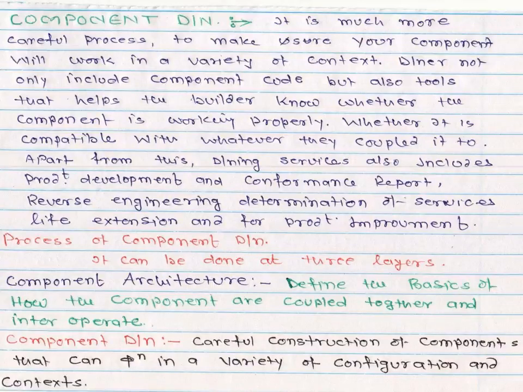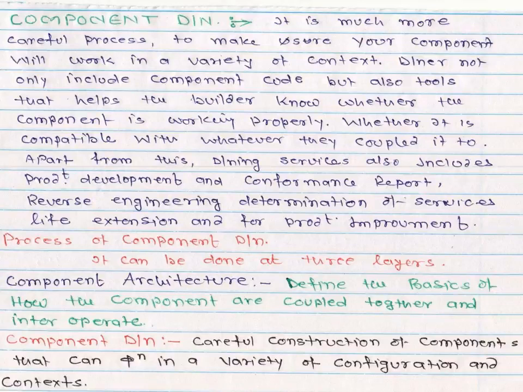The process of component design can be done at three layers. The first is the component architecture. Before going to the detailed designs, first we have to make the component architecture. That means what subsystems or components are needed for making a particular product.